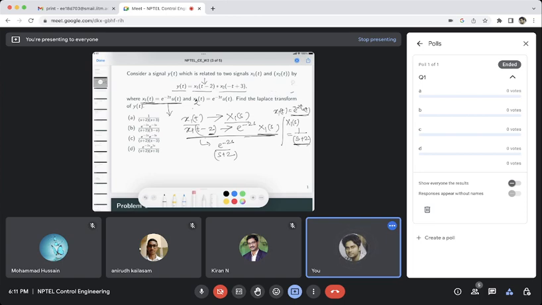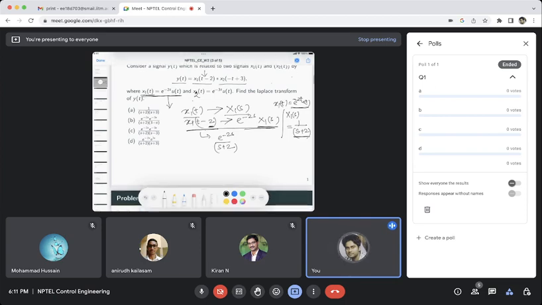Similarly you use it for the second term, x2. First you find the Laplace transform of the x2 function; let us denote it by X2(s).